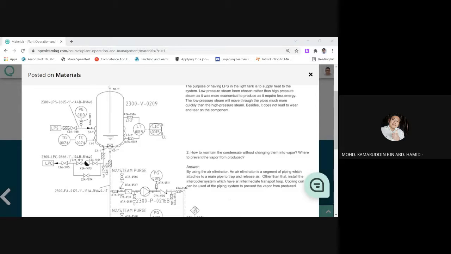Now we have a self-operating release valve. When would you bypass? Who has an idea? When do you need to bypass the valve?